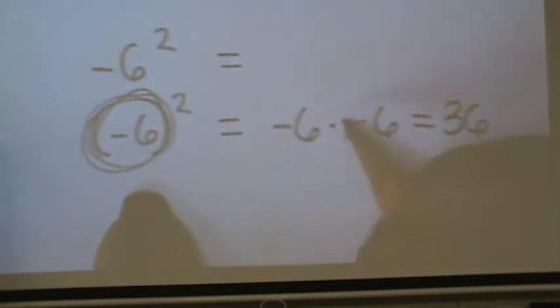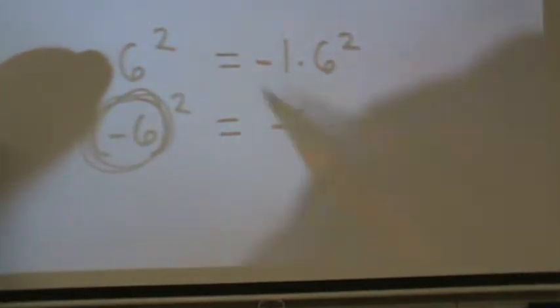So, this problem is saying take this whole thing, negative 6, and multiply it by negative 6. And it becomes a positive 36, because we learn a negative times a negative is a positive. Now this one, and a lot of people don't see it, this really says negative 1 times 6 squared.